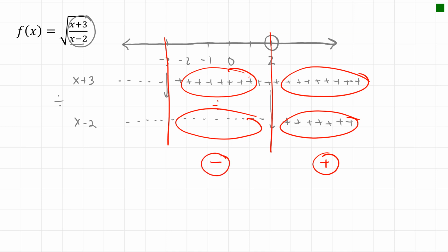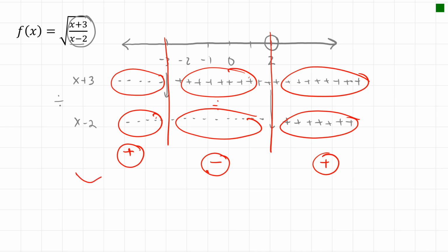And in the last section, we're taking a negative value and dividing by a negative value, which means the function is going to be positive. Negative divided by a negative is positive. So the only place where this function is going to go below 0 is between negative 3 and 2.